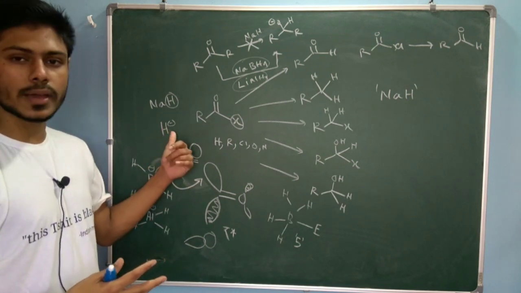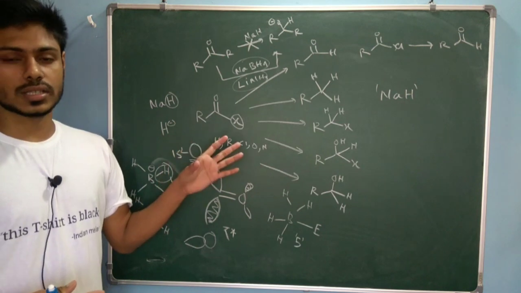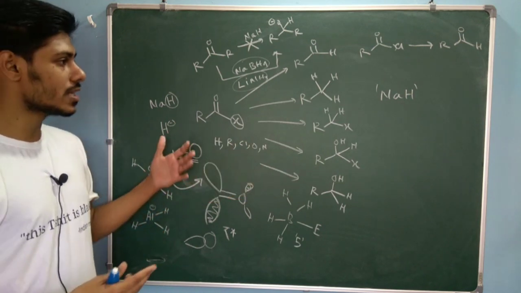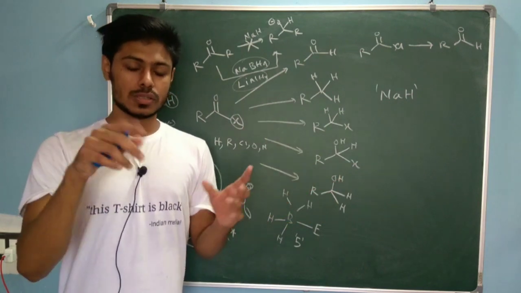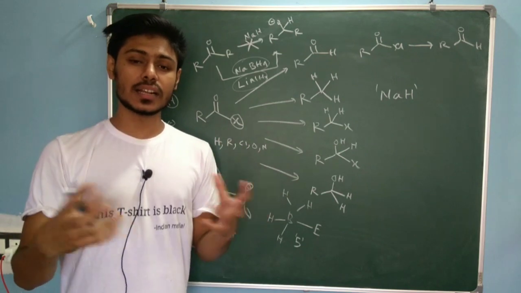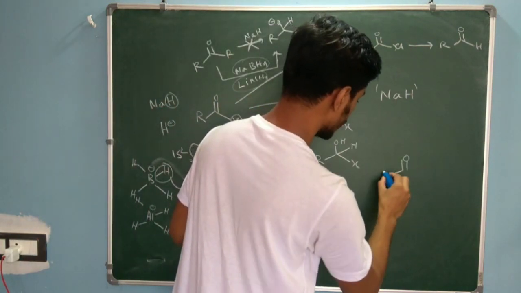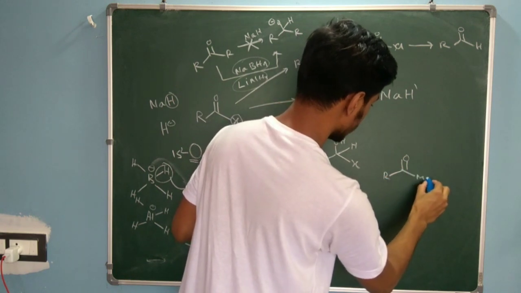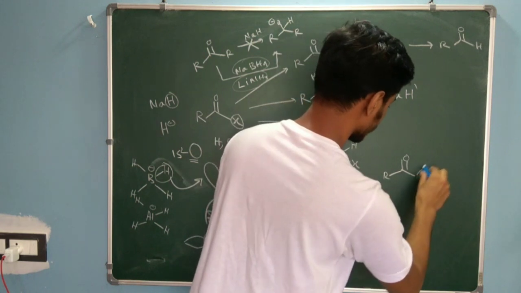But in the case of simple sodium hydride, the size matching doesn't occur, and that's why the reaction is not possible there. So basically sodium hydride is not a nucleophile, but it is a base. This H minus, the small 1s orbital, is hard-centered, and that's why it generally acts as a base. So if you have this type of ketone, for example this methyl ketone, you know that these protons are acidic, right?